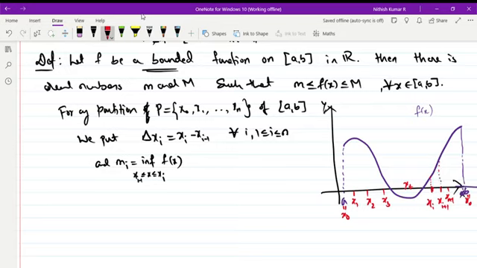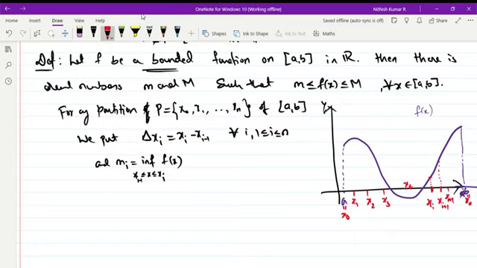So mi means consider all the function values between xi-1 and xi and take the infimum. Somewhere here will be your small mi.